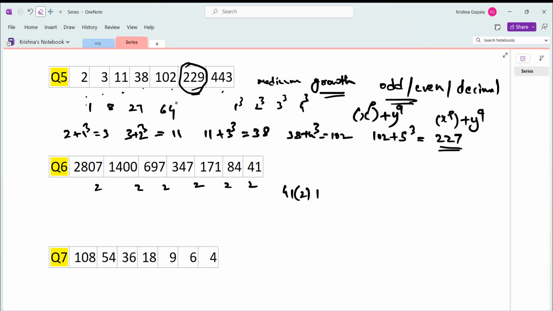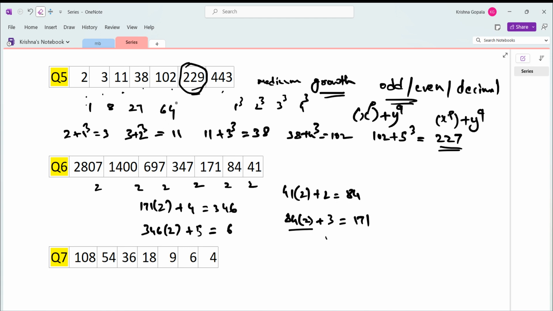If you look at it, 41 into 2 plus 2 is 84. 84 into 2 is 168 plus 3 is 171. 171 into 2 is 342 plus 4 is 346. 346 into 2 plus 5 is 697.